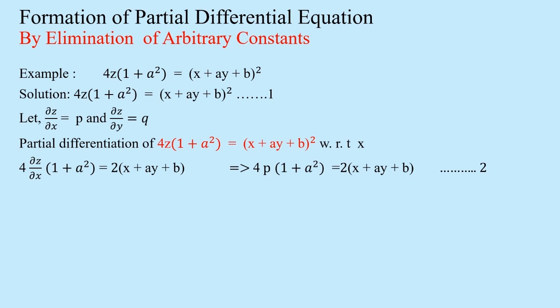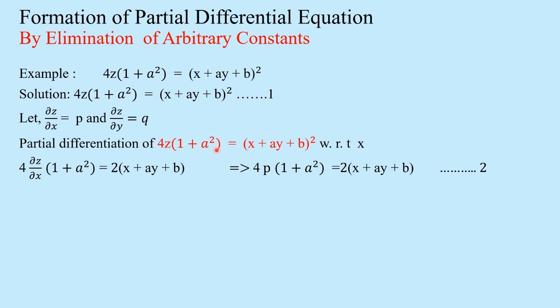a and b are arbitrary constants, x and y are independent variables. The number of arbitrary constants and the number of independent variables are equal. So we get a linear partial differential equation. Let p be this and q be this. Partial differentiation of this equation with respect to x. Here in this term, 4 and this 1 plus a square are constants.